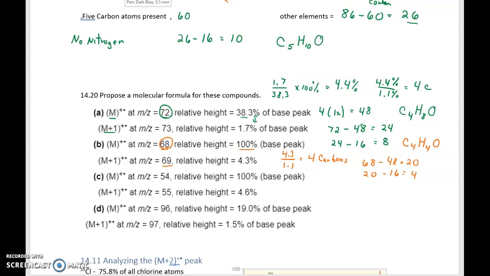If we do the next one, again, the base peak relationship has already been figured out. So we've got 4.6 divided by 1.1. That's going to round out to 4 carbons.